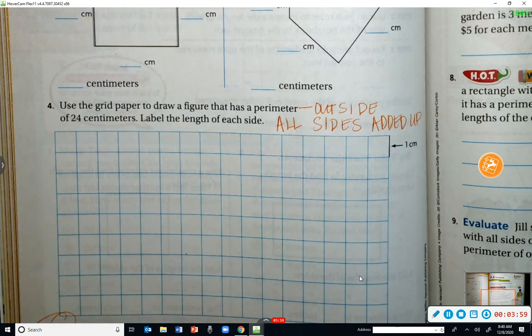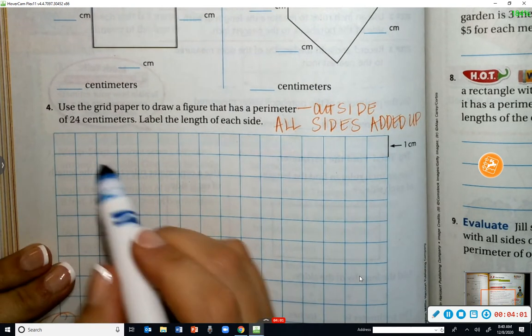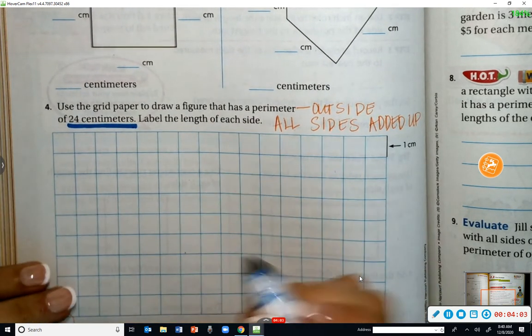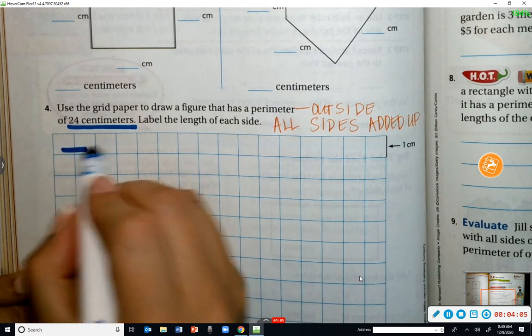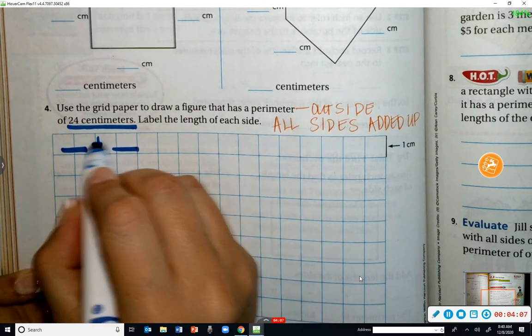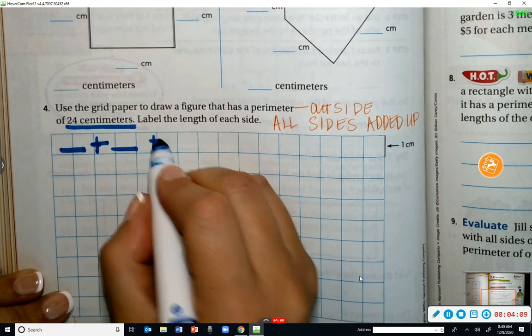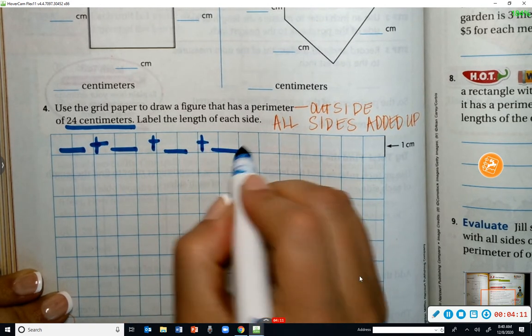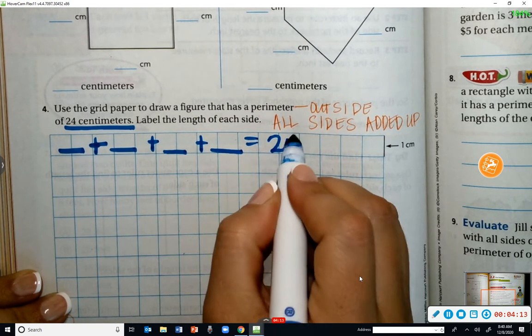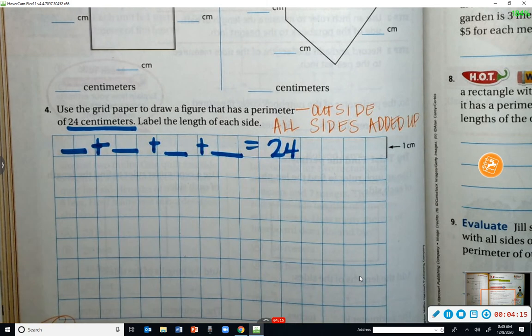Okay, so if I'm going to make it a rectangle that adds up to 24, let's come up with our numbers first. I need 4 numbers for a rectangle, right? Yes. And what's special about a rectangle? Bryson?